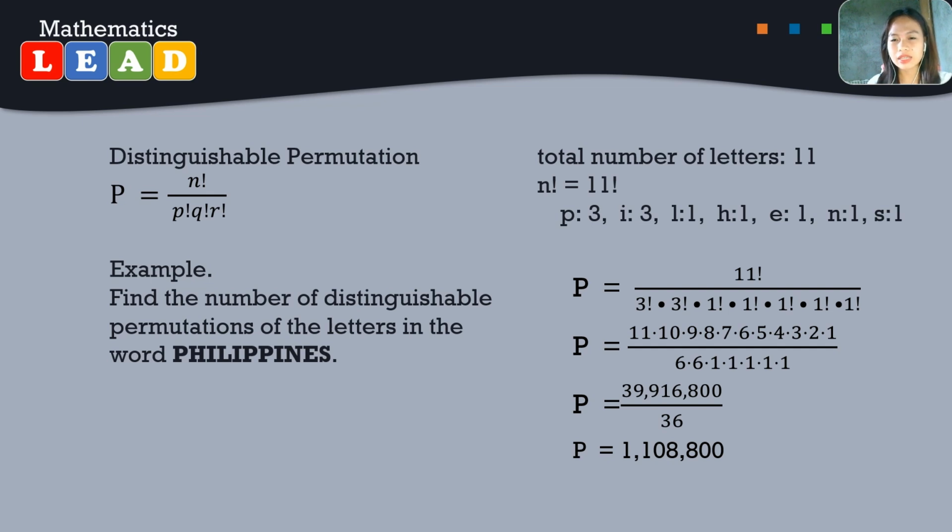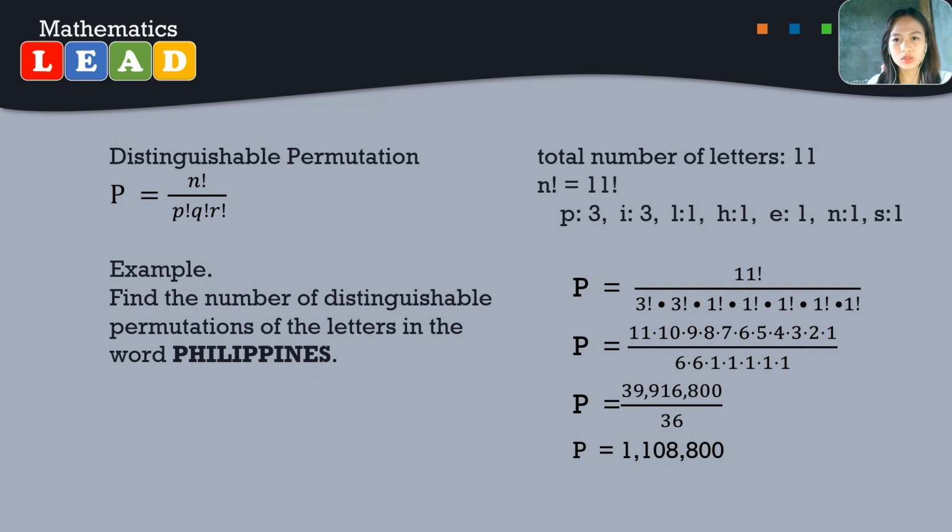If we apply it in the formula, we will have 11 factorial over 3 factorial, 3 factorial, 1 factorial, 1 factorial, 1 factorial, 1 factorial, 1 factorial. If we simplify the numerator and the denominator, we will have 39,916,800 over 36.